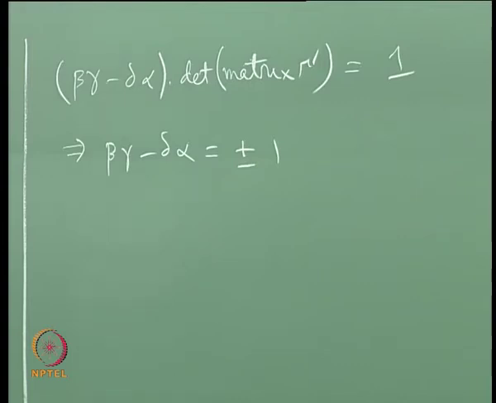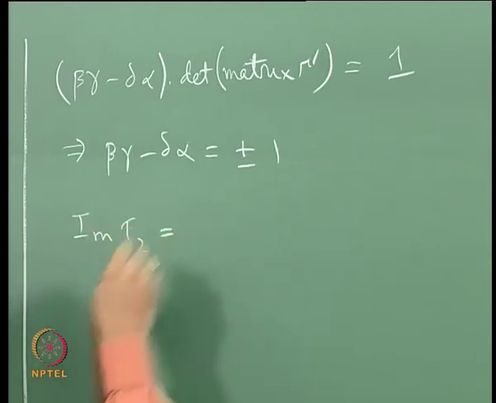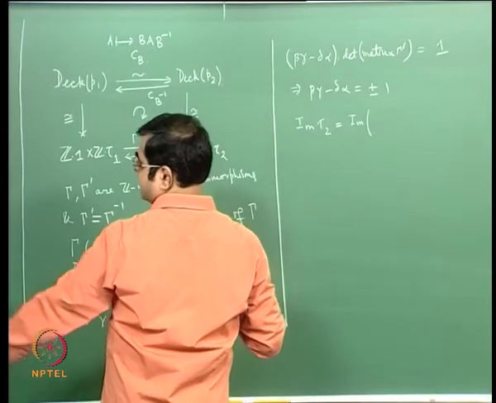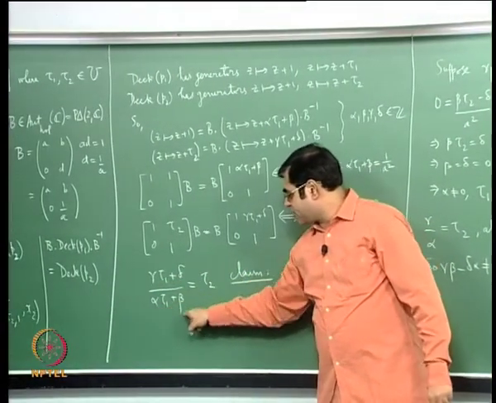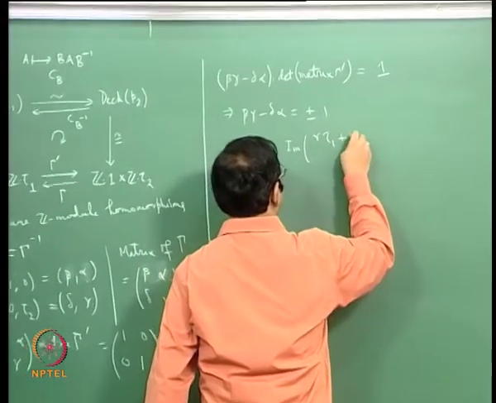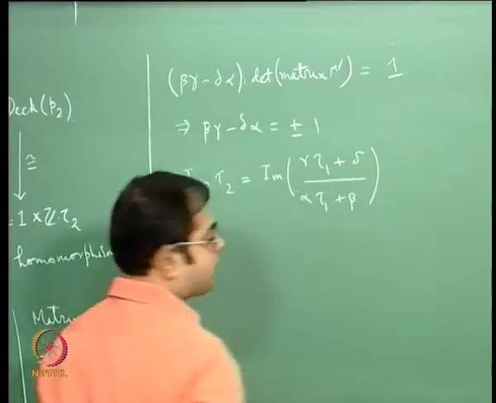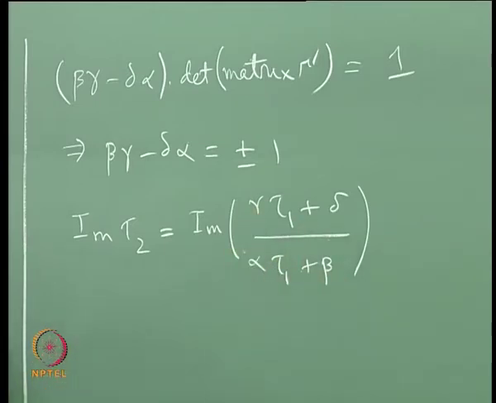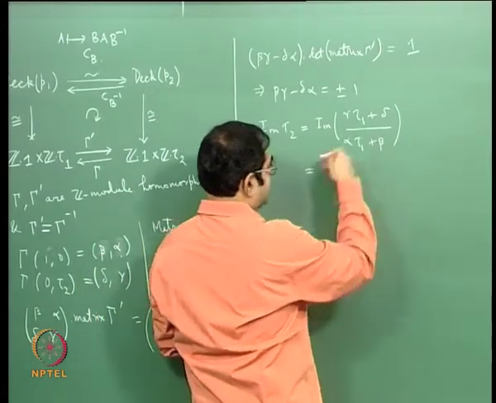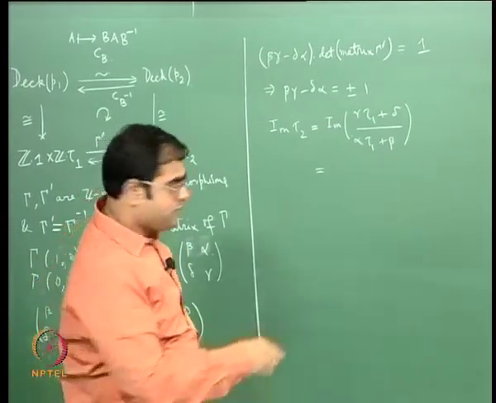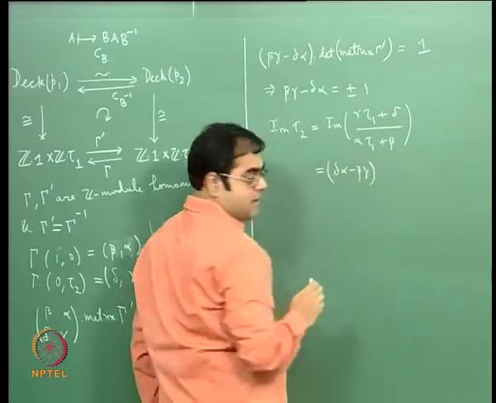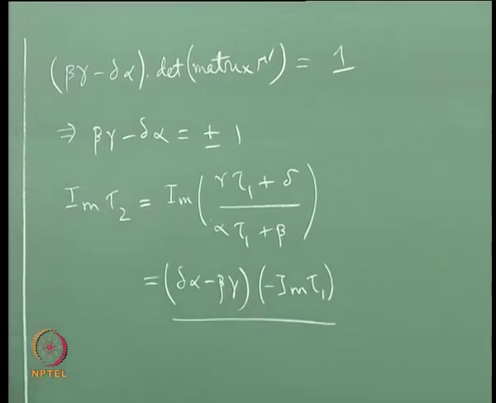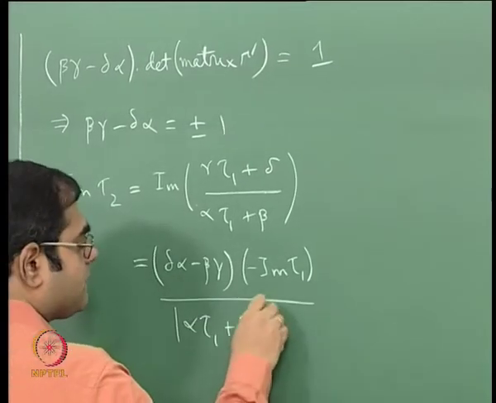If you calculate the imaginary part of tau 2, by definition, tau 2 is gamma tau 1 plus delta by alpha tau 1 plus beta, and you write the imaginary part of this as this minus its conjugate divided by 2i, you just write it out, and if you simplify it, you will get delta alpha minus beta gamma times the imaginary part of tau 1 divided by modulus of alpha tau 1 plus beta, the whole square. This is what you will get, okay.